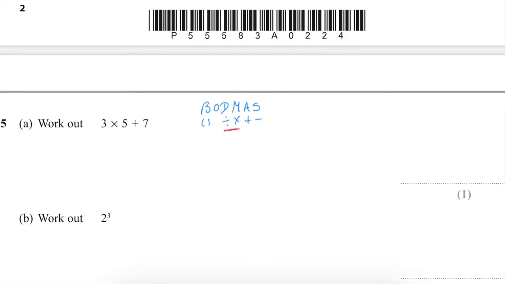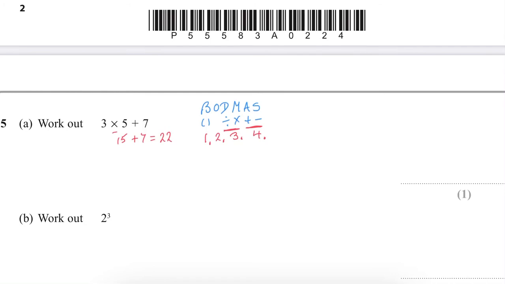Division and multiplication and addition and subtraction go together. So you always have brackets first, powers and things like that next, multiplication and division next, and then addition and subtraction. And so here we have multiplication. 3 times 5 is 15. And then add 7 gives you 22.